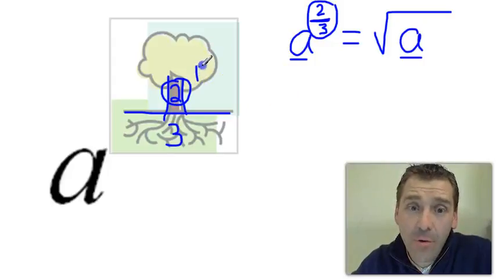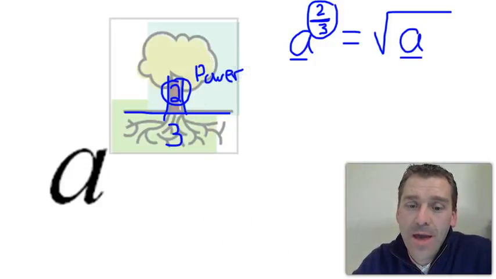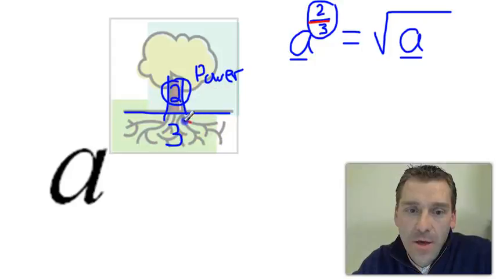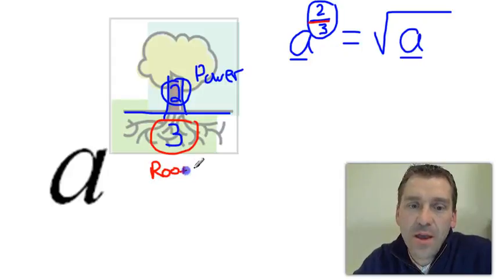That's the powerful part of the tree. You'll see what that means shortly. And then, going with my analogy, underneath the ground, which is the actual fraction bar, is where all the roots are. Oh, did I just say that word? I did. Those are where all the roots of the tree are. So the thing under the fraction bar is the root.